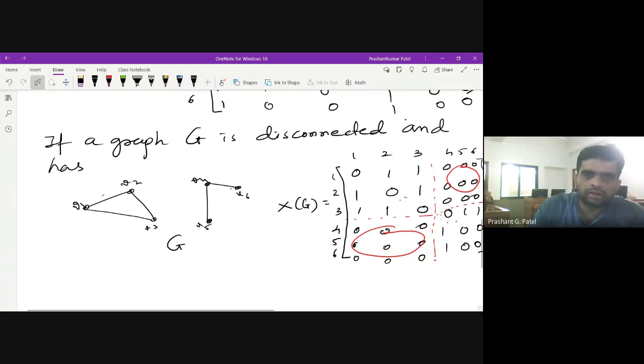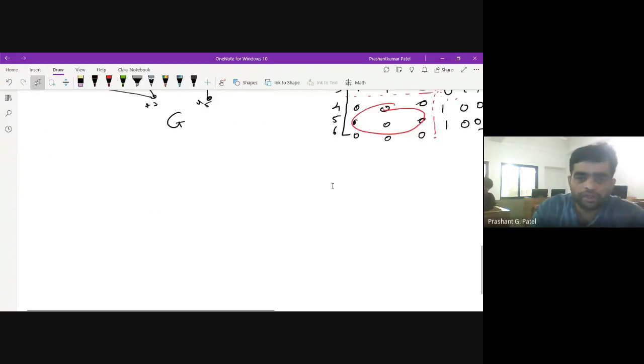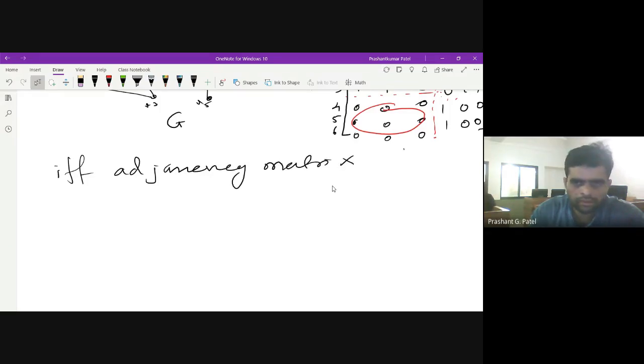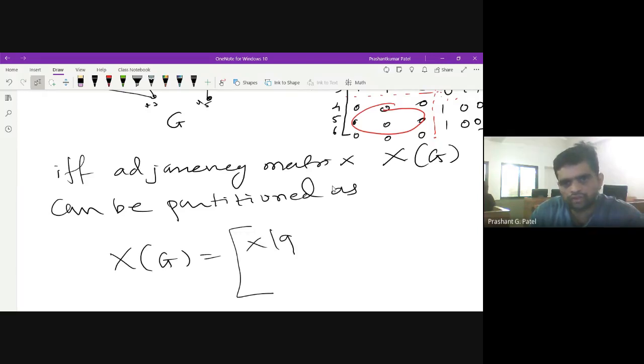So in general, if the graph is disconnected and has 2 components, let's say G1 and G2 are the 2 components, if and only if the adjacency matrix X of G can be partitioned as X of G is equal to X of g1, 0.